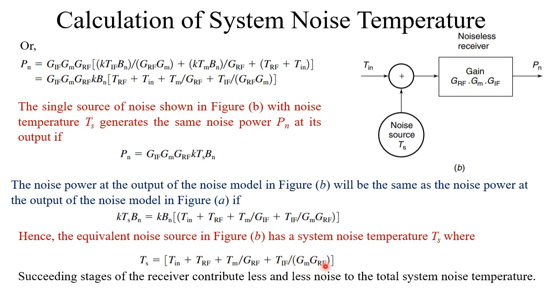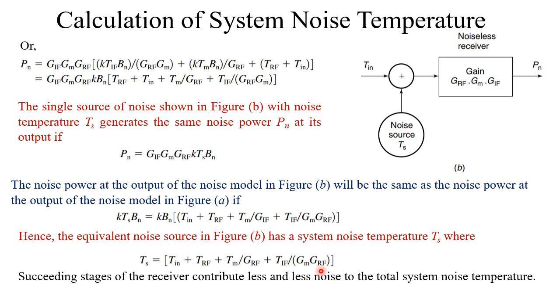So if we can keep GRF very high, then the overall contribution of this term will be negligibly small, right? Similarly, if we analyze subsequent stages, you will see that the fourth stage will have a corresponding noise temperature divided by GM times GRF multiplied by the gain of that stage. So its contribution will be even lesser.